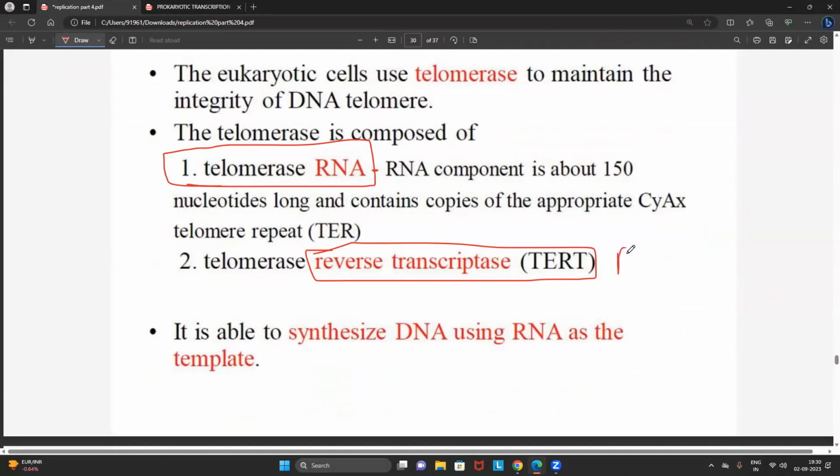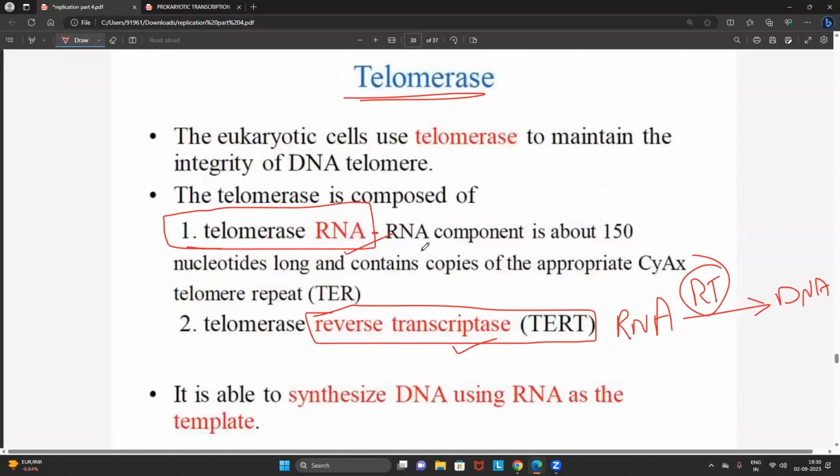Every student knows that by using reverse transcriptase enzyme, from RNA we can easily synthesize a DNA molecule. Listen again. What does telomerase contain? Telomerase RNA and reverse transcriptase enzyme.